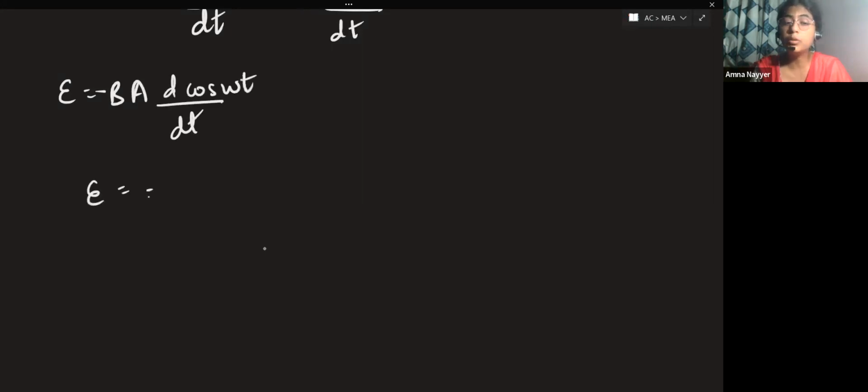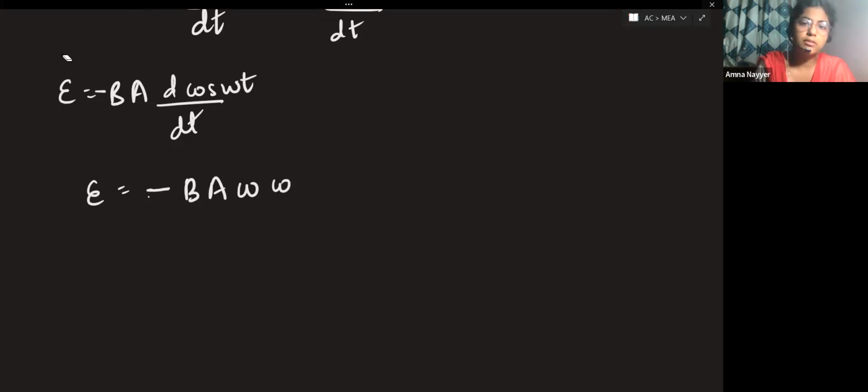Remember, this will be used a lot. Minus BA cos omega t. Omega is a constant in terms of differentiation or integration whenever you have a trigonometric function. For a trigonometric function, the constant terms present in the angle come out and get multiplied, and then what is left?